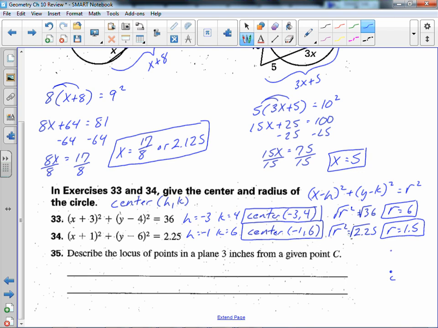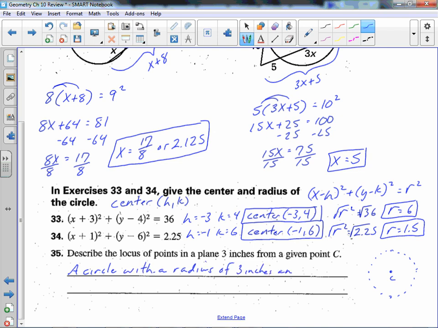So if I go 3 inches from that point in all directions, then what do I create? I create a circle. And we're going to be as specific as we can about that circle based on the information they gave us. It's a circle with a radius of 3 inches.